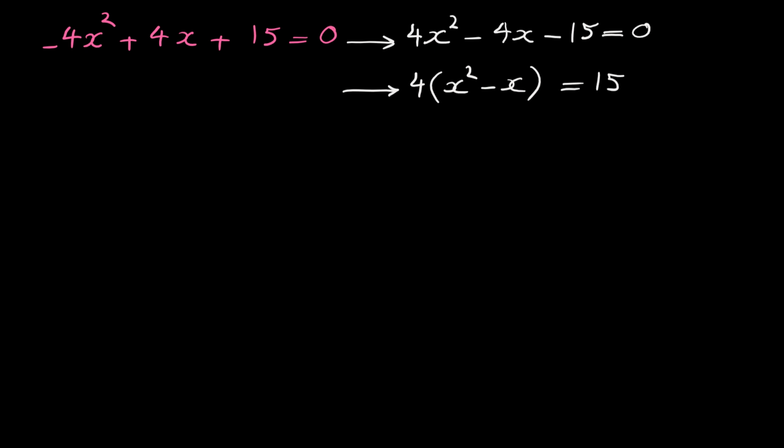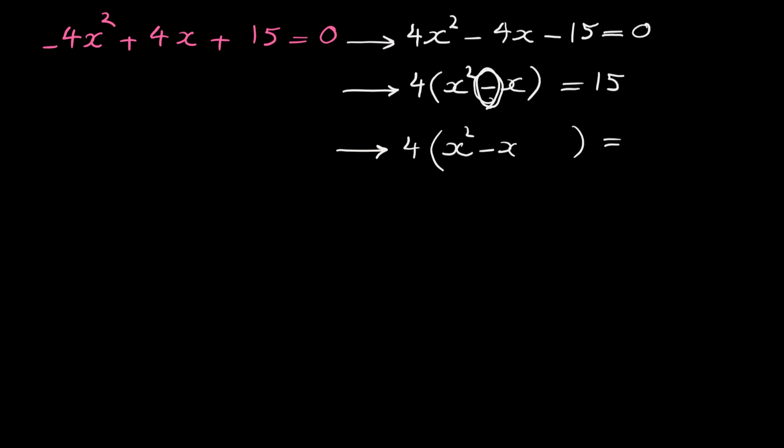So we moved 15 to the other side, and we know that when the leading coefficient is not 1, we have to factor that leading coefficient. So we did that. From these two terms, we factored 4, and then we have this expression inside the bracket. Now we have to do adding a number. But what number do we have to add inside the bracket? Let's write the x to the 2 and minus x.